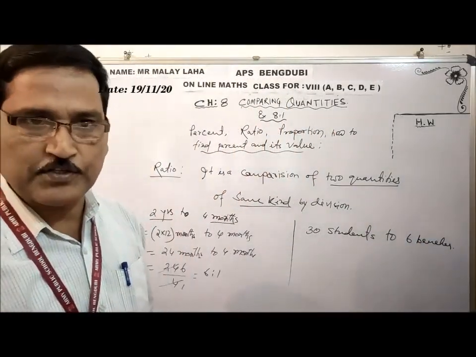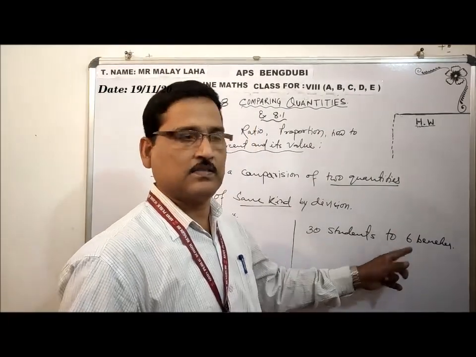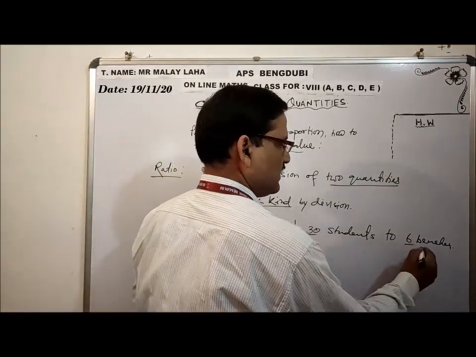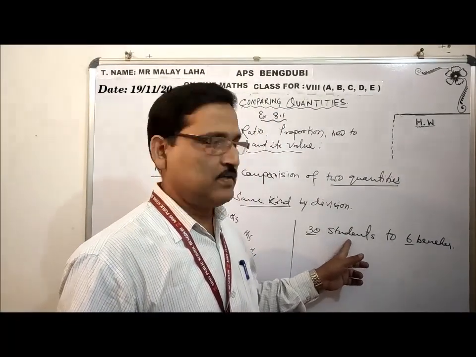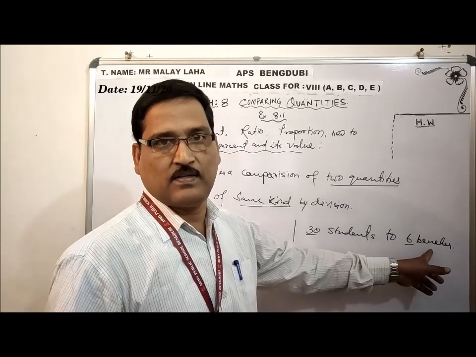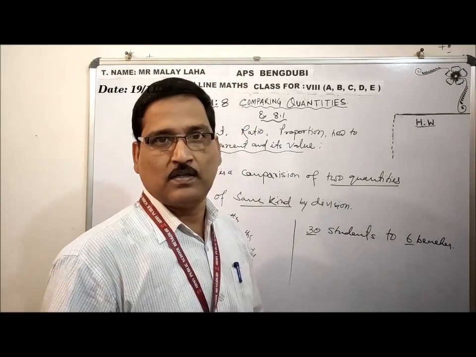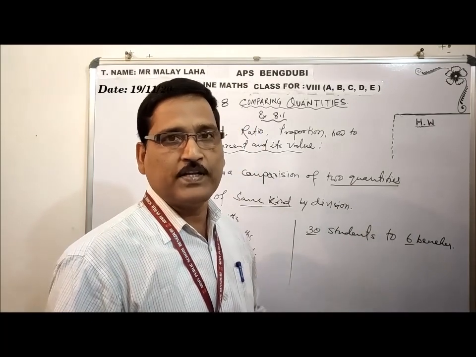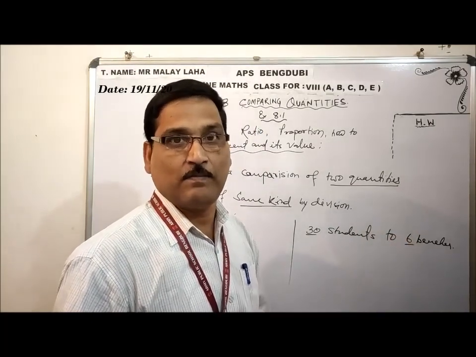How can we find out the ratio? Quantities are there, 30 and 6, but the kind is what? First one is student, second one is bench. Can we convert bench into student or student into bench? No. Then what will be the ratio? The formation of ratio is not possible.